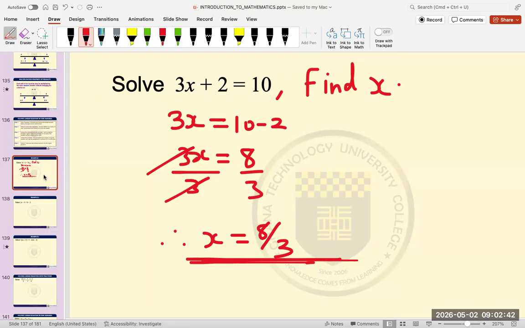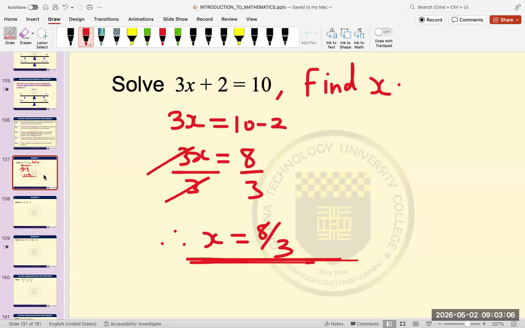Yes. So when there's a specific instruction to use decimal, then you have to change it to decimal. But if it is silent, if it just says solve for x, and it didn't tell you to leave your answer in fraction or decimal, you leave your answer in a fraction. Are you clear with that?